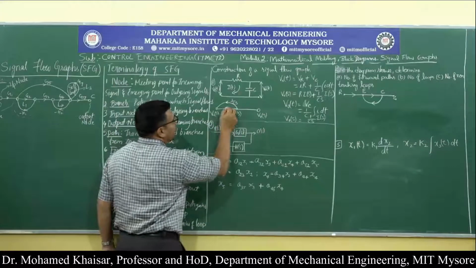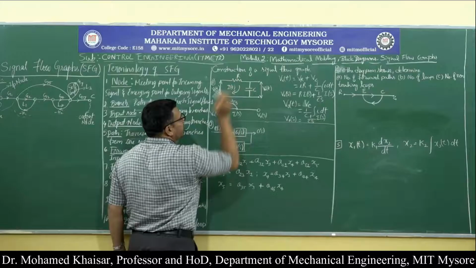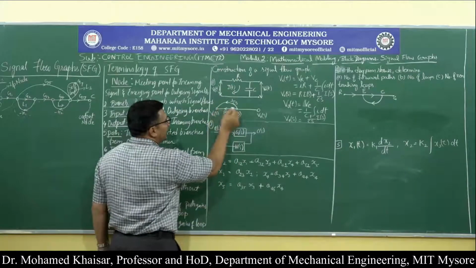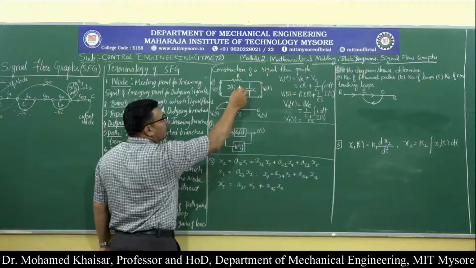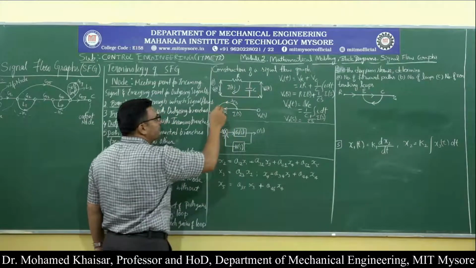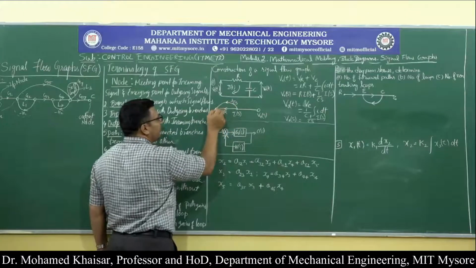Then this is not sufficient, because as per the circuit it is the voltage across the resistance plus the voltage across the capacitance, because of which you have to take a parallel path so that the voltage across the capacitance could also be contributing towards Vi of S. That is why you have taken a parallel path.